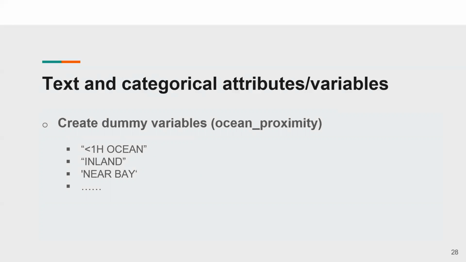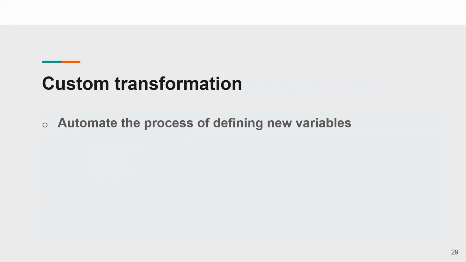Inland is not going to be close to the ocean, but less than 1 hour to ocean versus near bay, and maybe some other things, like a 10 minute walk to the ocean, would be something that you consider to be very, very close to the ocean. So you should group some of those values together so that you can create dummy variables for your categorical variable. And you want to automate the process of defining new variables as we discussed earlier.